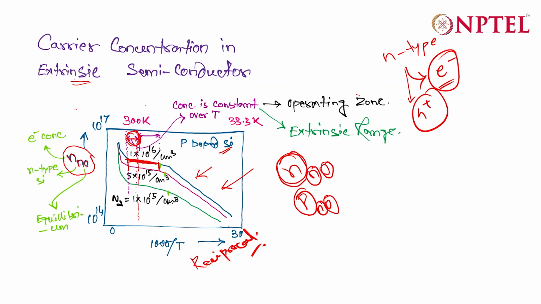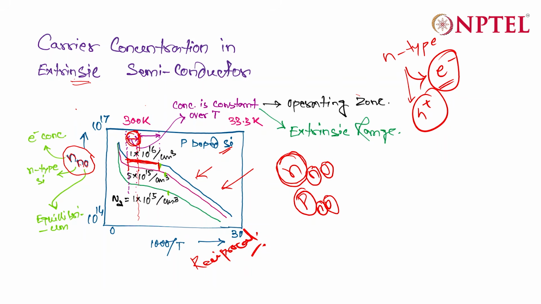That's why I'm only indicating that area, but actually the entire extrinsic range is the operating zone. So in the entire extrinsic range, you can operate the device. And why you can't operate beyond that particular range? Because the concentration itself will vary significantly, which will make the entire device response very complex. And that is not the thing that we want, right?